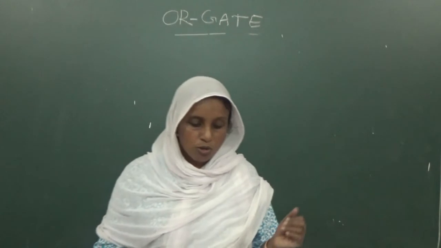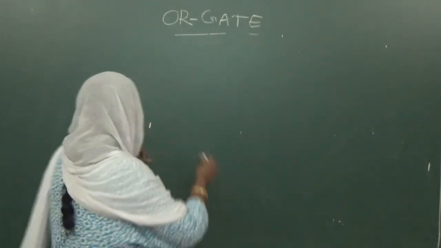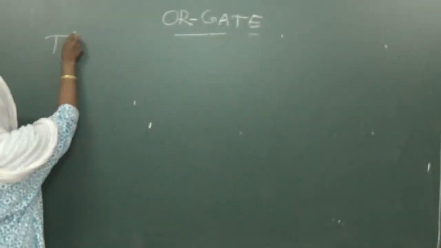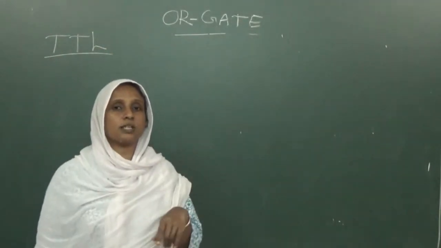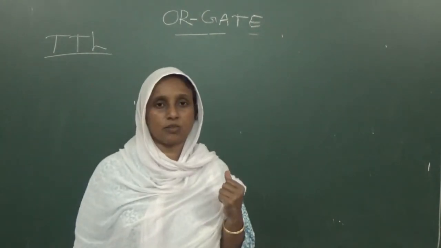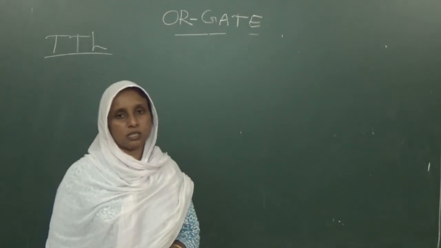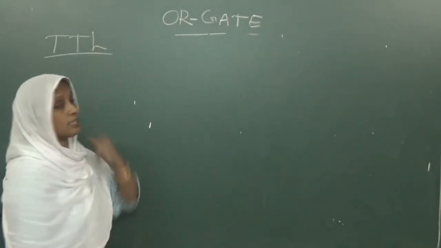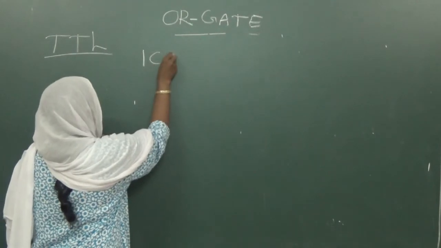So in that case, we use TTL circuits. We already learned about this in the case of the inverter. Transistor logics. The case of this TTL here is called an IC, integrated circuit.